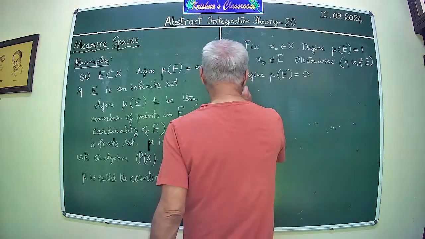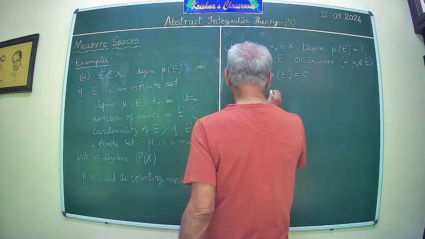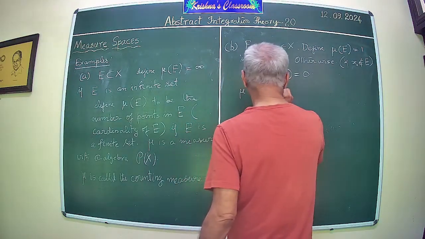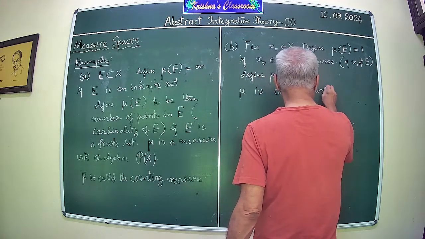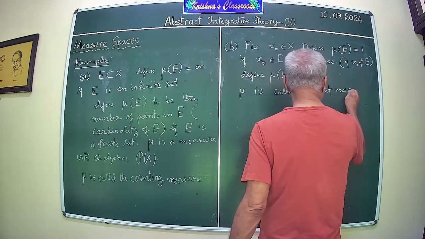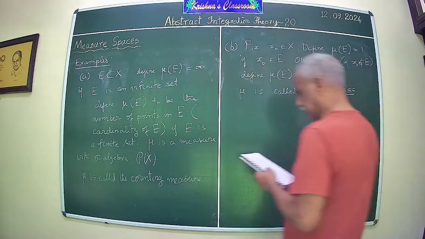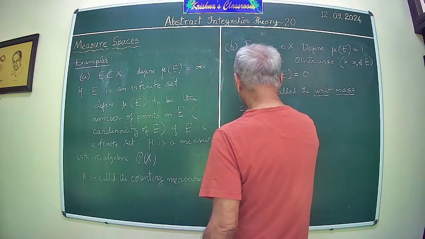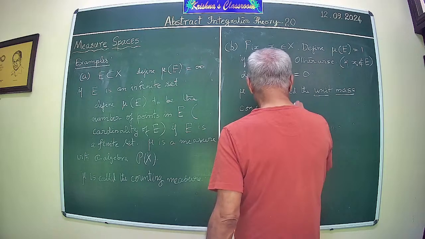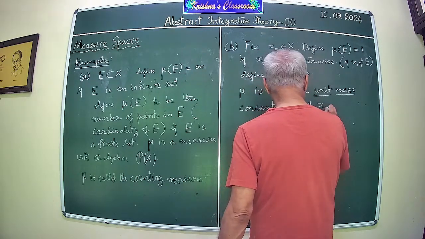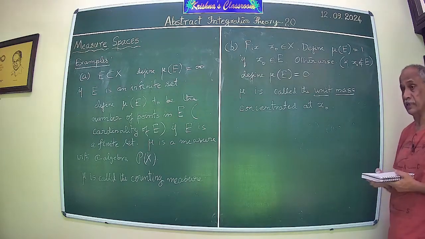Then you can easily show that this is a measure called the unit mass concentrated at x naught. One can easily check that all the conditions of mu being a measure are satisfied.